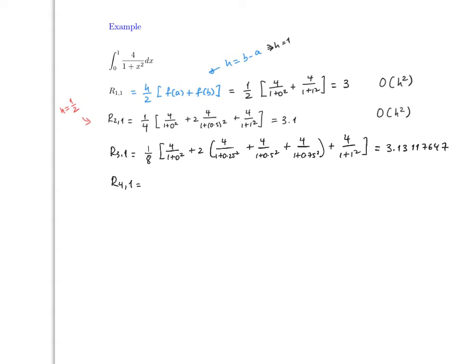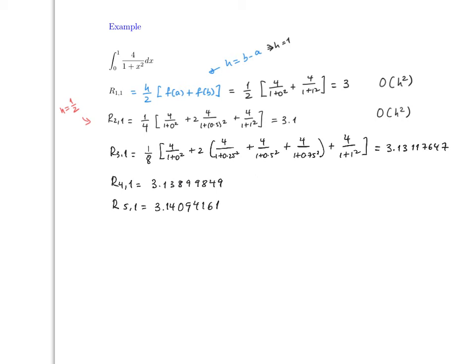So you continue in this way, which means now you divide h by 2 again, so that will give you 1/16. The value you get is 3.1389949, and then R51, and please just verify this, is 3.14094161.